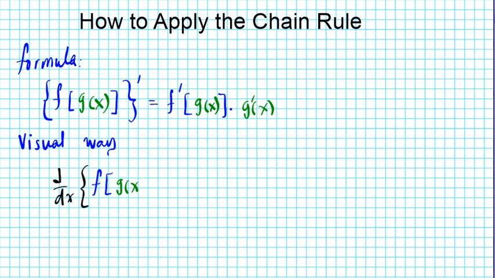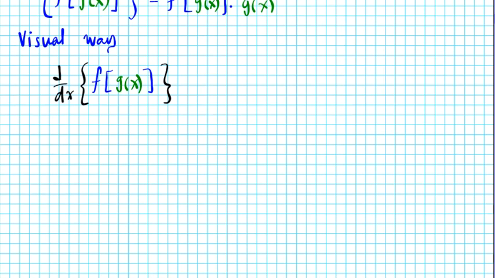You have only two functions here, so you're going to be differentiating twice. Okay, so what you do with a setup like this, if we want to do this visually, is you take out the outer function. The outer function is f of x. So you take out the outer function, and then you look for its derivative.